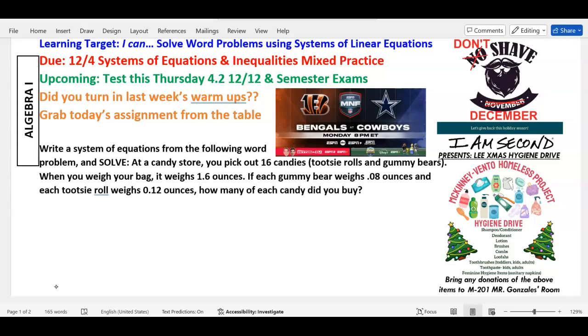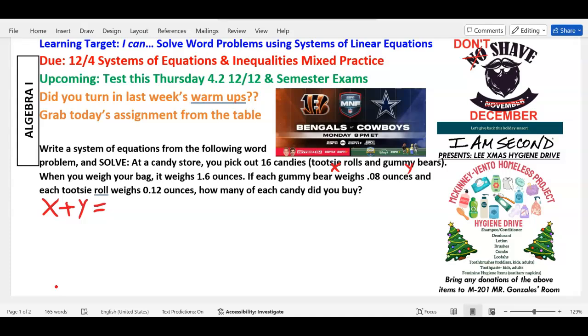At a candy store, you pick out 16 candies, Tootsie Rolls and gummy bears. How many items is that? Tootsie Rolls, gummy bears? That's 2, right? So we're going to call Tootsie Rolls X, and we're going to call gummy bears Y. Now, if you remember from Friday, our first equation is adding up the 2 items, X plus Y equals, now we're not talking about money, so we're not going to look at any money or ounces or anything like that.